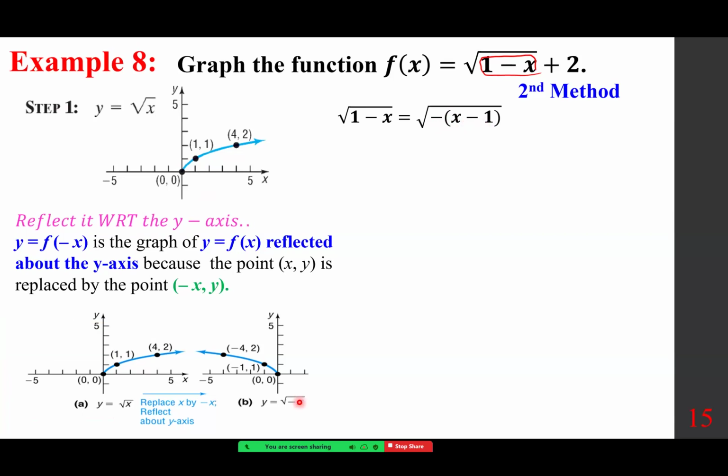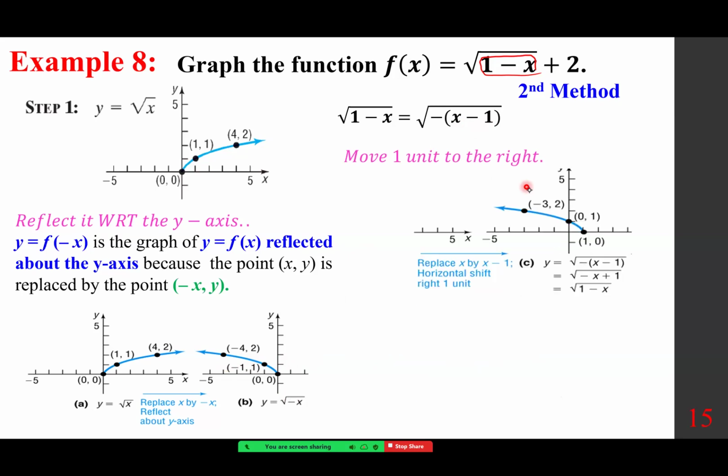So we have minus x. Now we have minus x minus 1. It's important to understand what happens here. This moves to this. That means it moves 1 unit to the right. So this is going to move 1 unit to the right. And it did look like this. So I want to make sure we understand what's happening.